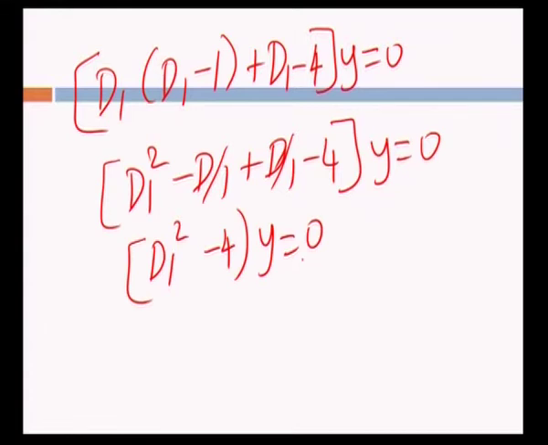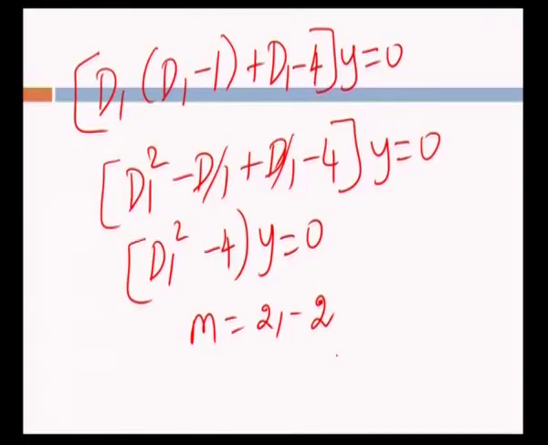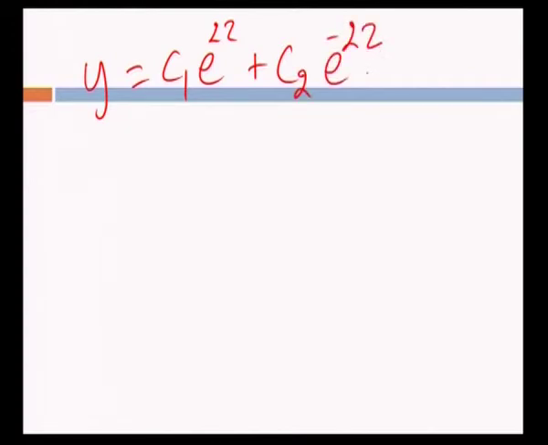Now, this is similar to a second order linear differential equation. The solution of the second order linear differential equation will be m is equal to 2, minus 2. These two solutions are distinct and real. So, the complementary function is y is equal to c1 e power 2z plus c2 into e power minus 2z.